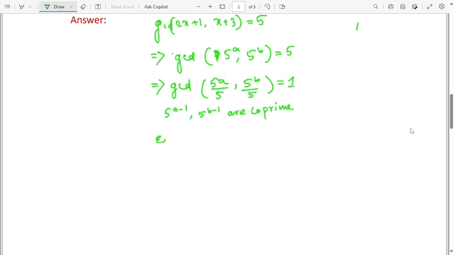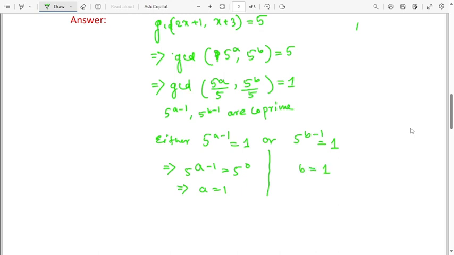Because both are powers of 5 and they are co-prime, either 5 to the power a minus 1 equal to 1 or 5 to the power b minus 1 equal to 1. So from here we can say 5 to the power a minus 1 equal to 5 to the power 0, and we get a equal to 1. Similarly, we also get b equal to 1. So we are getting two choices.